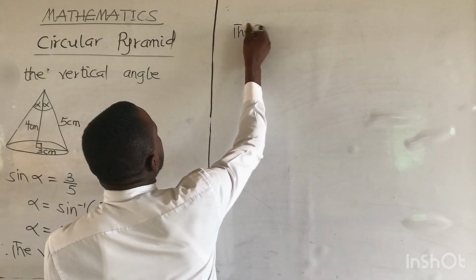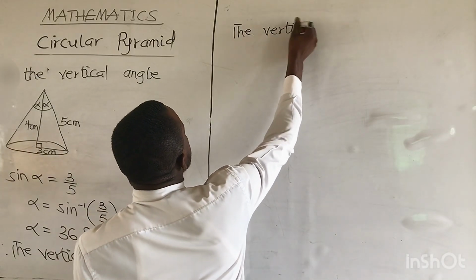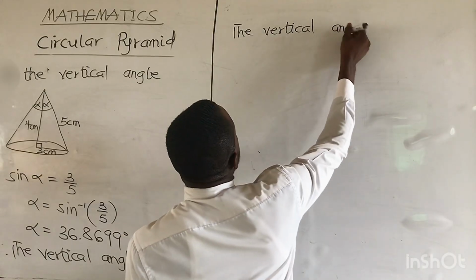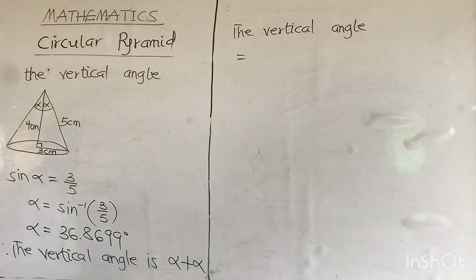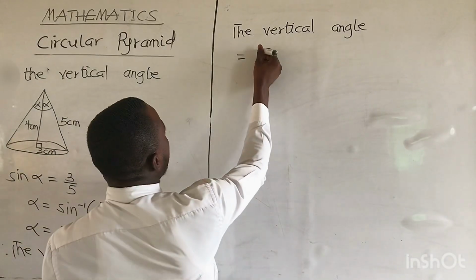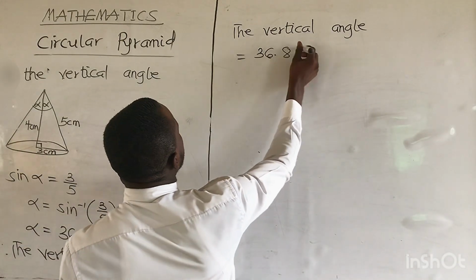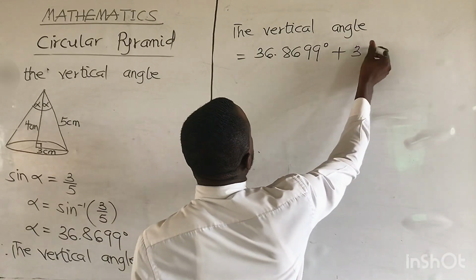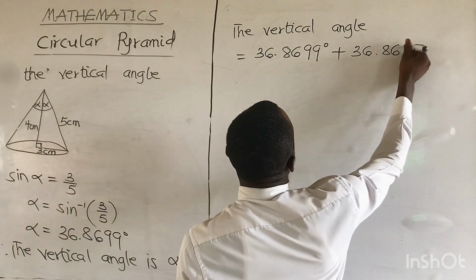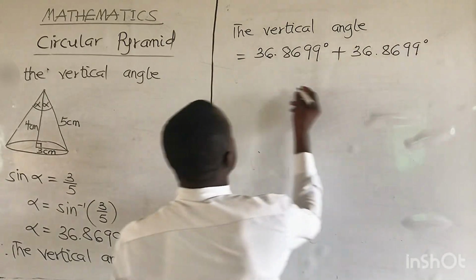So the vertical angle is equal to the first alpha we had, 36.8699 degrees plus another 36.8699 degrees.